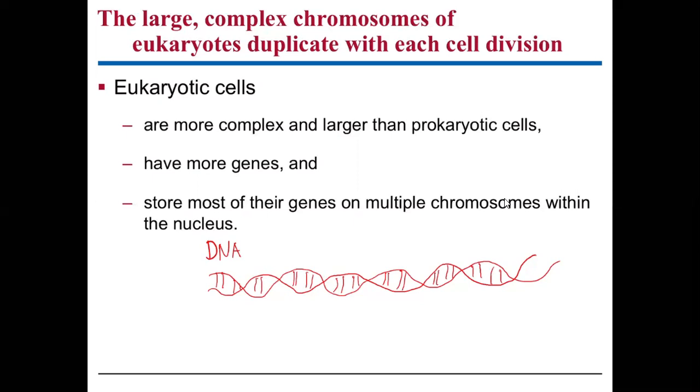Now, when we say gene, it is a portion of the DNA. So let me just draw. It is a portion of the DNA stretch that encodes the synthesis of a product, such as structural proteins and functional RNAs.